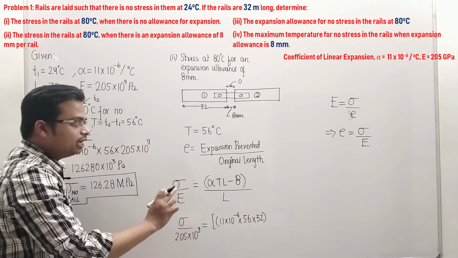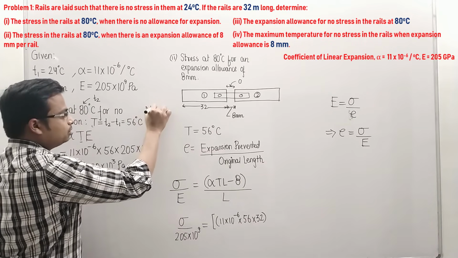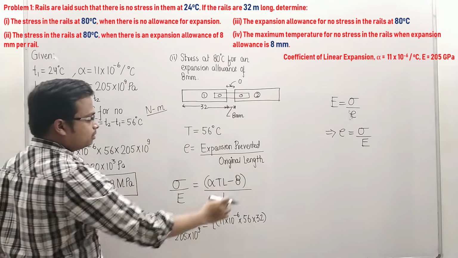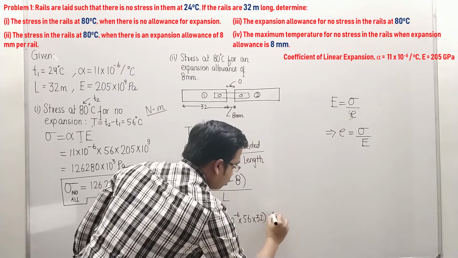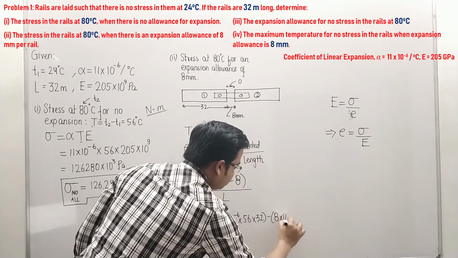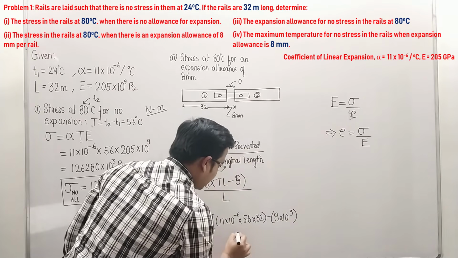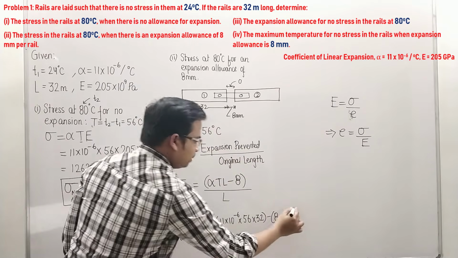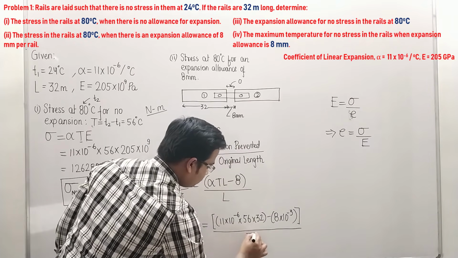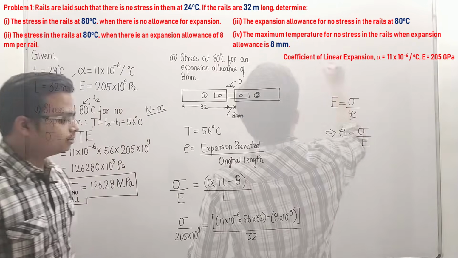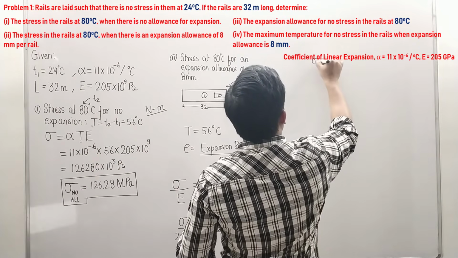We are going to be following newtons and meters everywhere. This 8 is in millimeters, so you have got to be careful. So minus 8 into 10 raised to minus 3. With respect to the original length, it has already been given in meters. That is 32 meters.